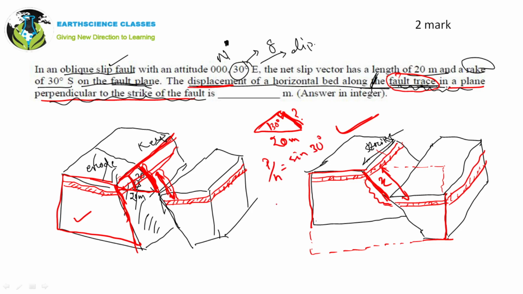Here sin 30, so P is equal to H sin 30. What is H? H is 20 meter, sin 30 is 1 by 2, so it's 10 meter. So the answer will be 10 meter.